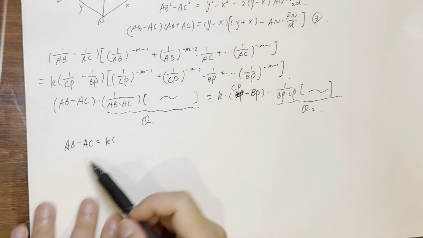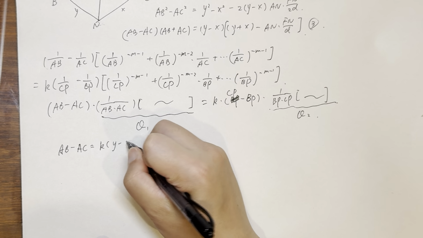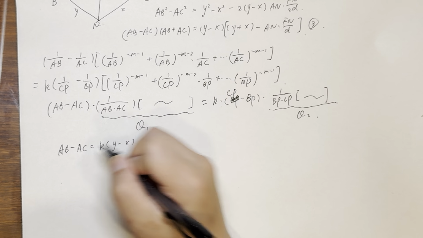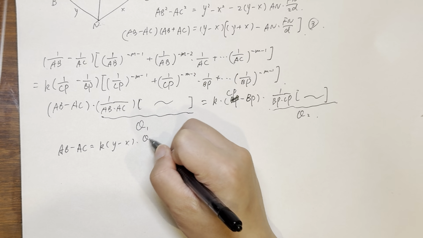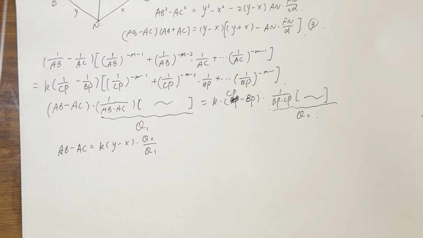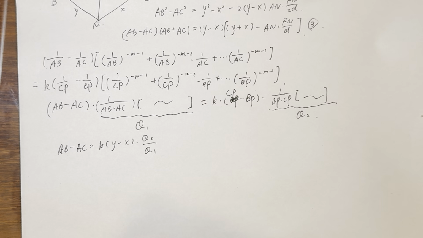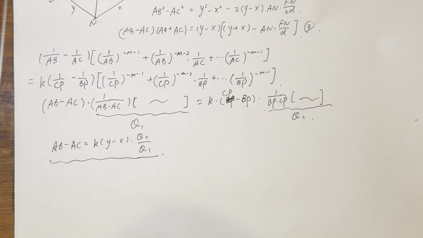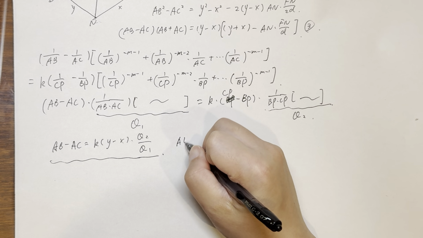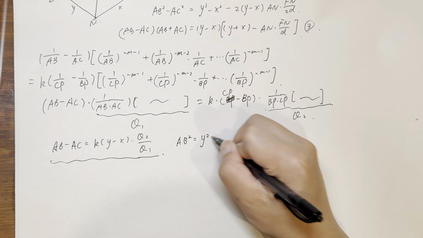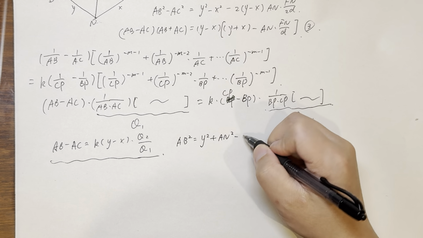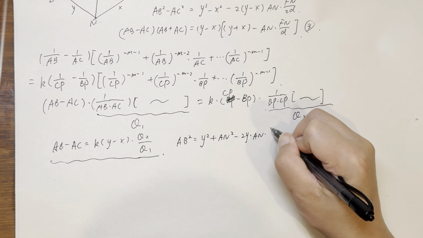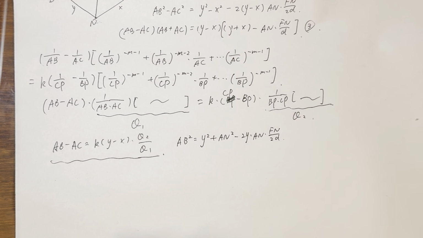So it equals K times (y minus x) times Q2 divided by Q1. That's what we have here as the problem set. And we know that AB squared equals y squared plus AN squared minus 2y AN FN over 2D.